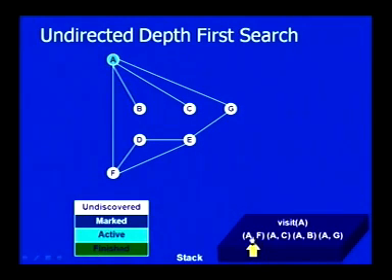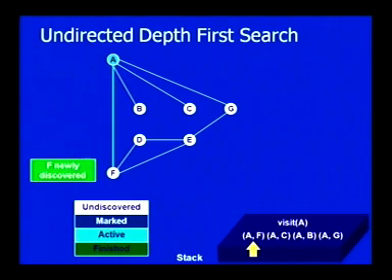Now you can see this simulation. I am pushing all the neighbors of A onto the stack. So now F, B, C, G are present in the stack. F is the newly discovered node.